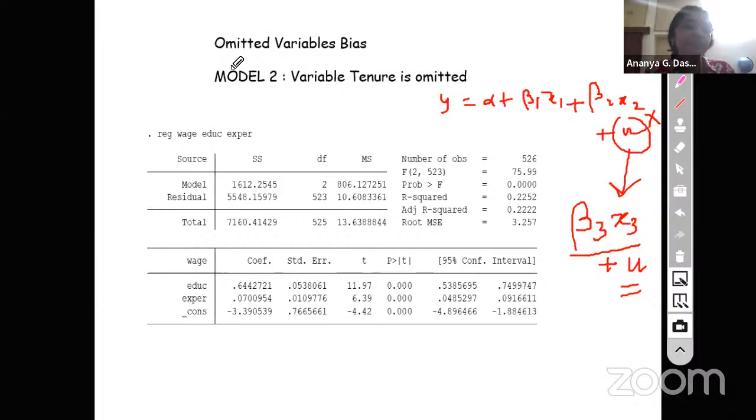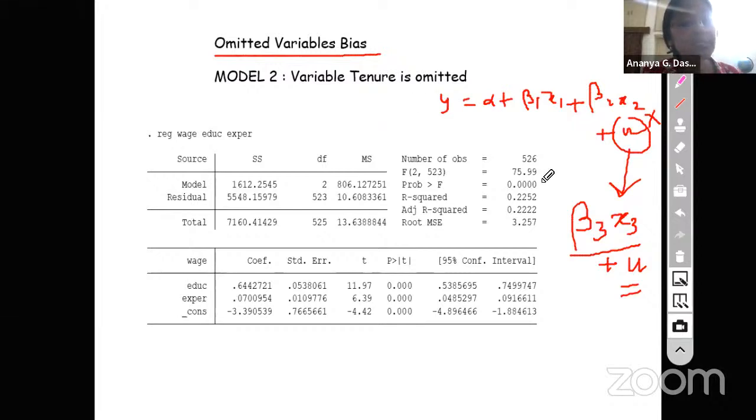So this is a very, very common problem and something we have to be really careful about. This is particularly for all of you who are doing research. You may be interested in the effect of a single variable on y. But for heaven's sake, don't ignore the other variables which are determining y.